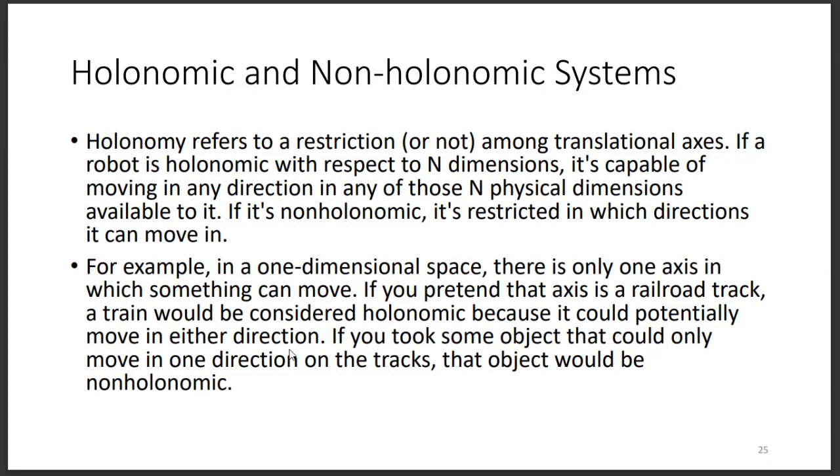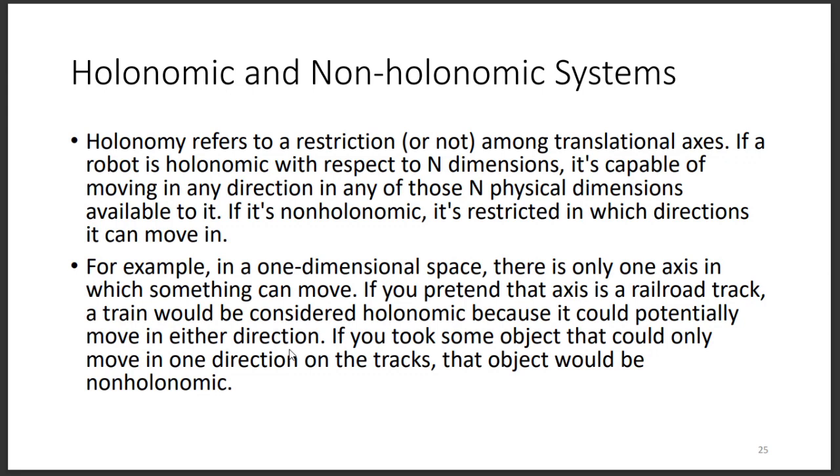And non-holonomic means that you have some restriction. You can't go to that point when you are going to your desired position. You are going from point A to point B, and you cannot go along that path to your desired position. That will be non-holonomic.